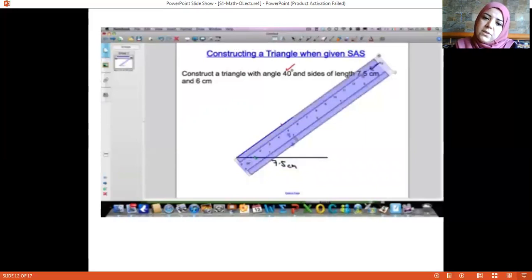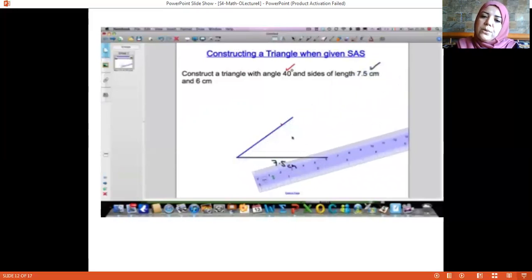So this is 6 centimeters, and now you remove the ruler and join the third line. This is 40 degrees.